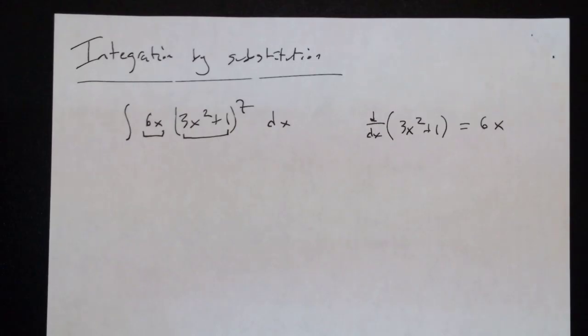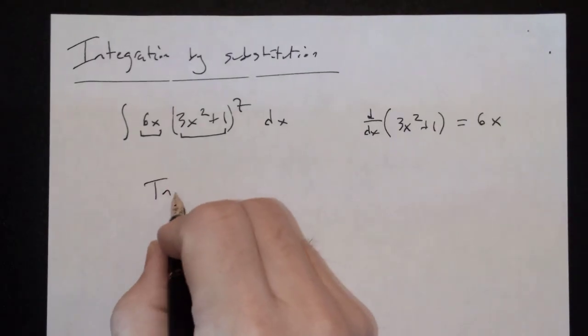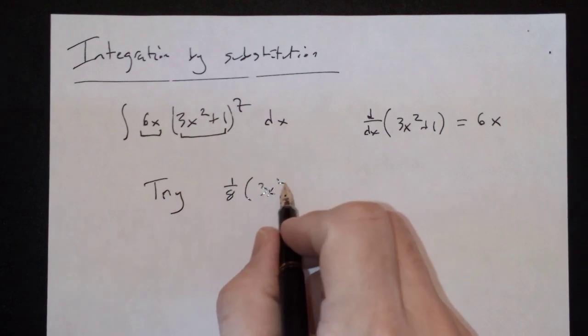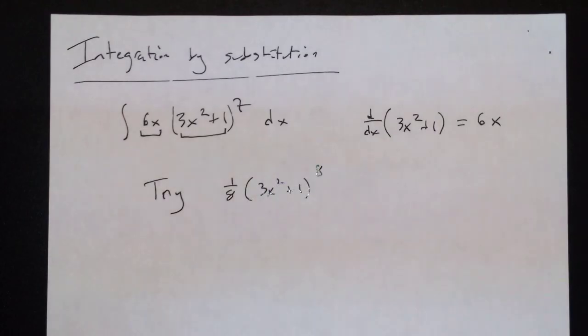So if I just think of it as stuff to the 7th, what's the antiderivative of stuff to the 7th? One-eighth stuff to the 8th. Let's take a look at that.